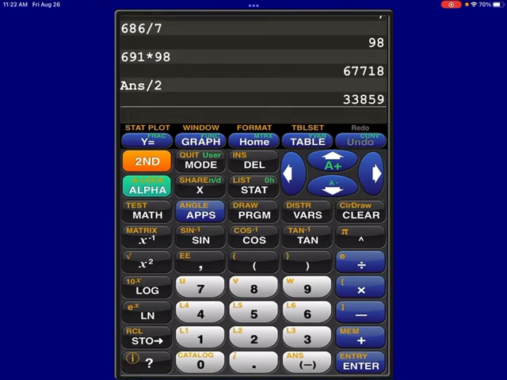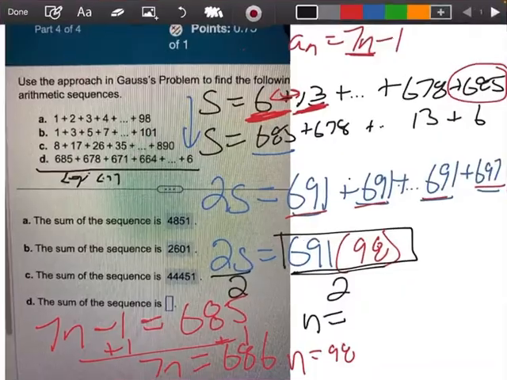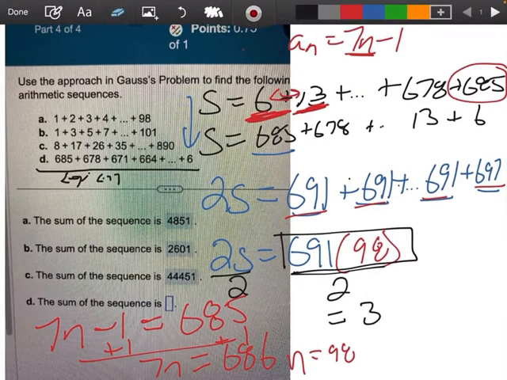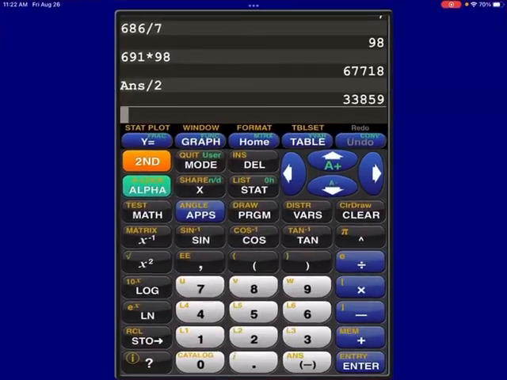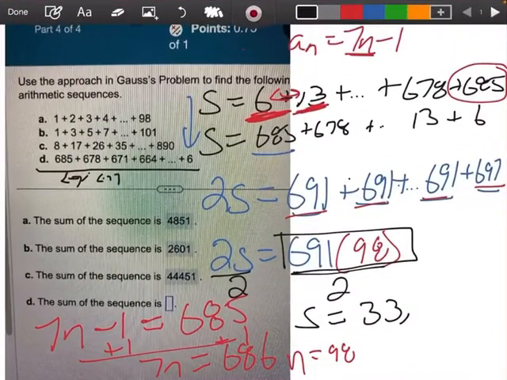So my sum, I'm putting an N here, but it needs to be an S. My sum is 33,859. And so that would be the answer that I would type in right there, okay?